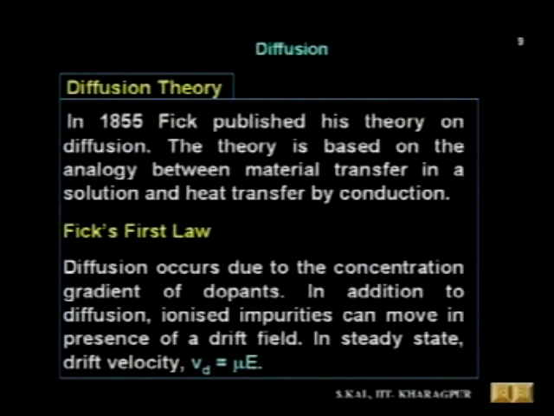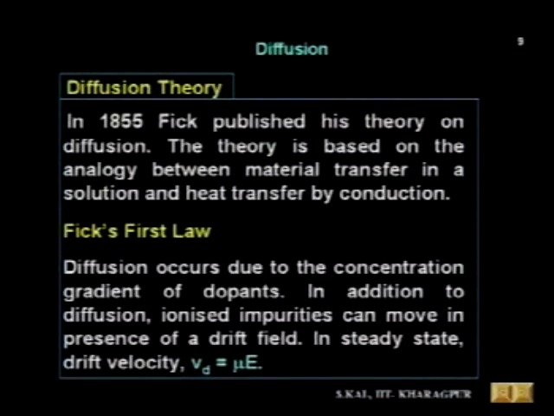Diffusion occurs due to the concentration gradient of dopants, I told you earlier also. In addition to diffusion, ionized impurities can move in the presence of a drift field. In steady state, the drift velocity is given by Vd equal to mu into E. Mu is the mobility and E is the electric field.